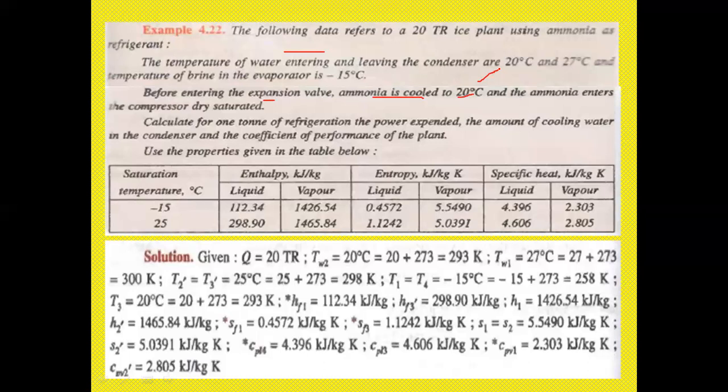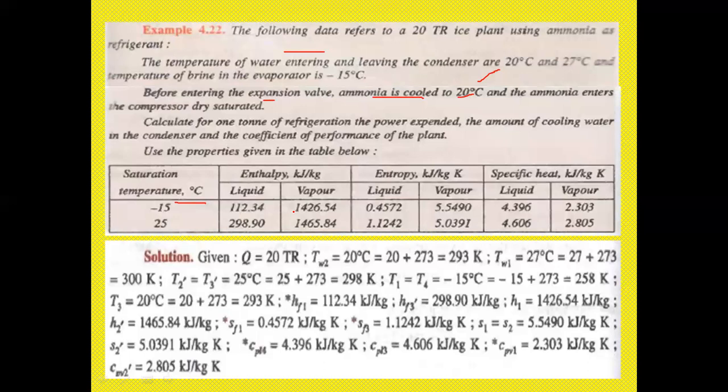Use the properties of the given table below. Here the saturation temperature is minus 15 degrees, with 112.34 liquid and 114.26 vapor, giving the enthalpy, entropy and specific heat.